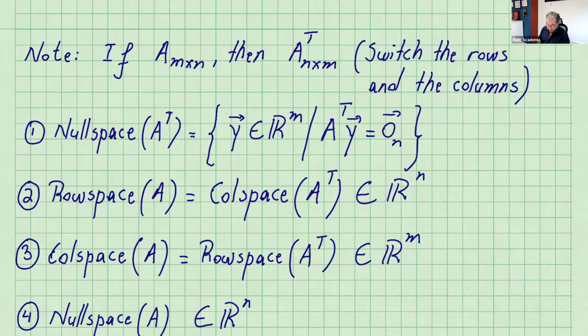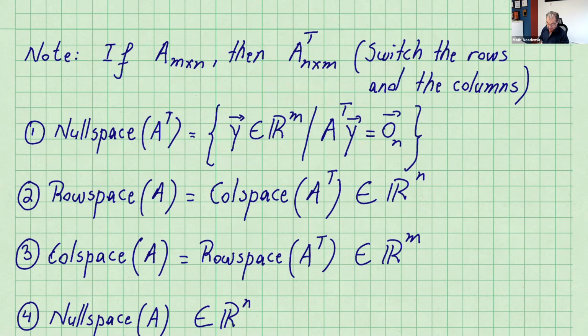Now, if we have an m by n matrix, then we can have its transpose, which is n by m, and we switch the rows and the columns. So the null space of A transpose, these are y's, I call them y's in this case, they are in Rm, and it's the solution of A transpose times y equals 0, which is again a homogeneous system.